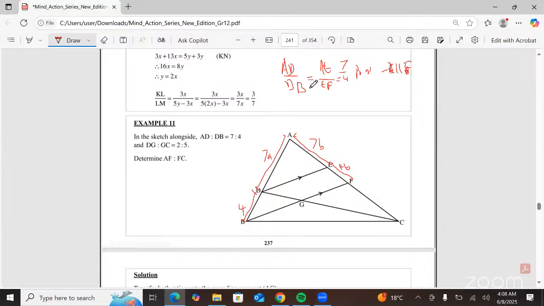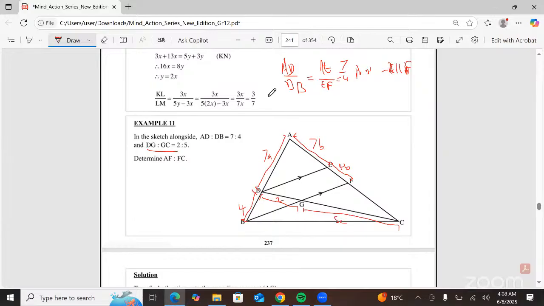Yes, sir. Nice. Let's go to the other information here, DG and GC. DG is 2c and GC is 5c.